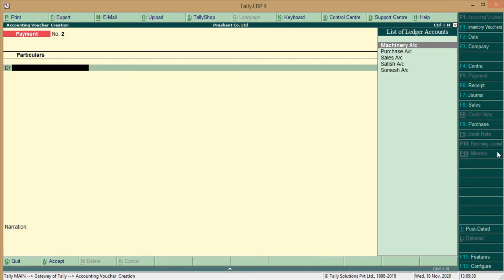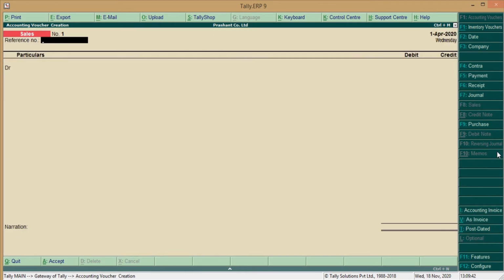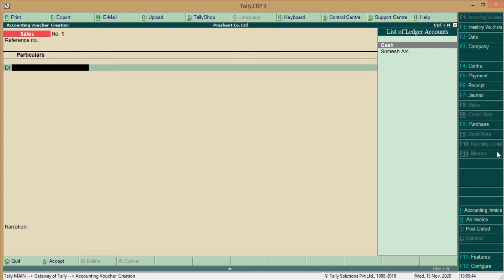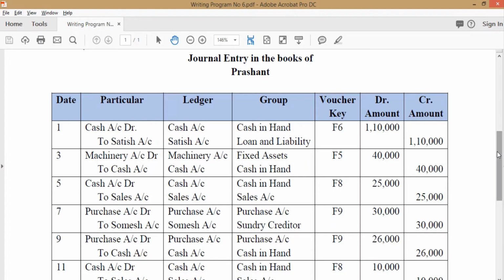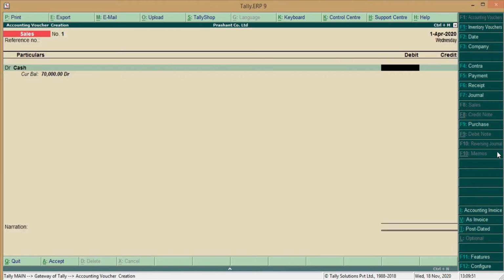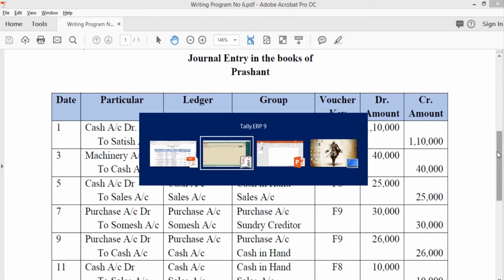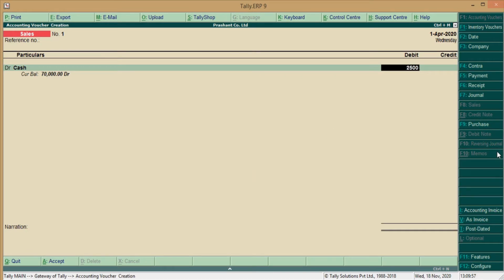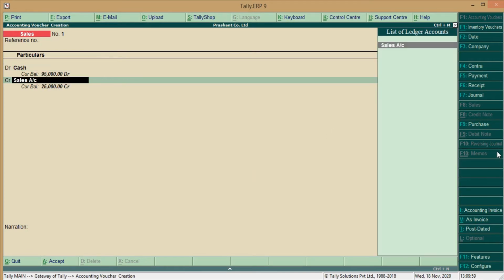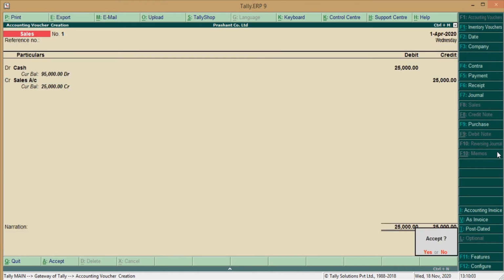So press F8 for sales, Control V, and who should be debited? Cash account. So cash account debited rupees 25,000. Credit sales account 25,000.